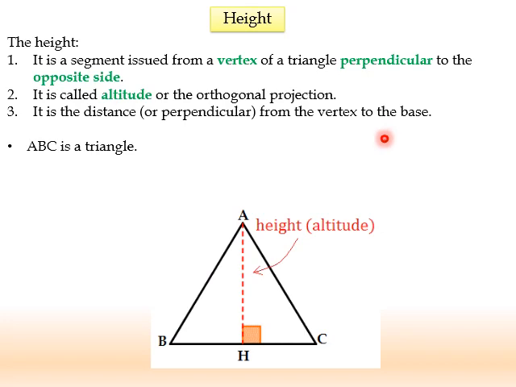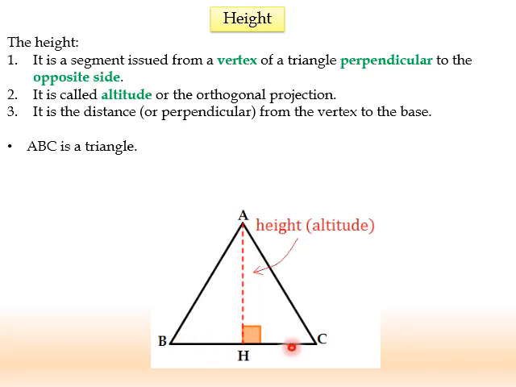Let's see an example. Here we have triangle ABC. AH is a segment issued from vertex A perpendicular to the opposite side. When I say it's perpendicular, AH is the height or altitude or orthogonal projection.